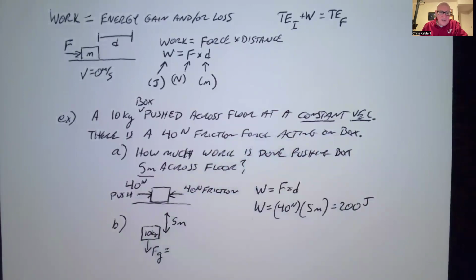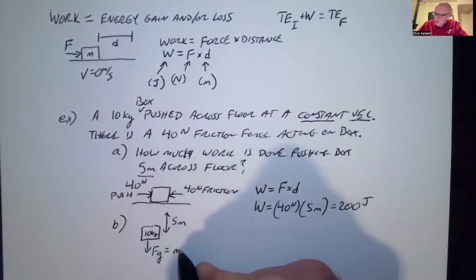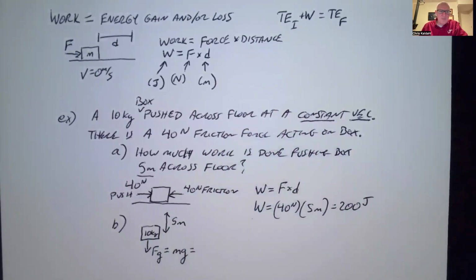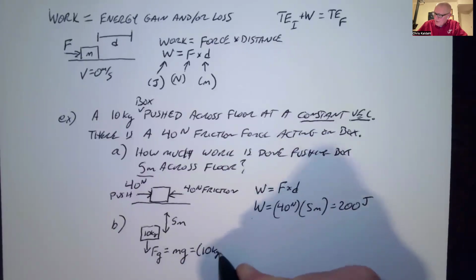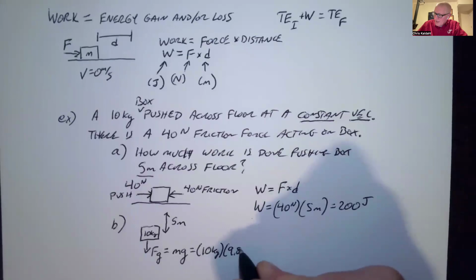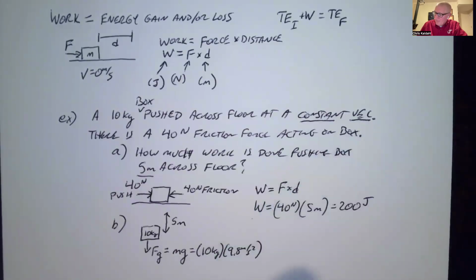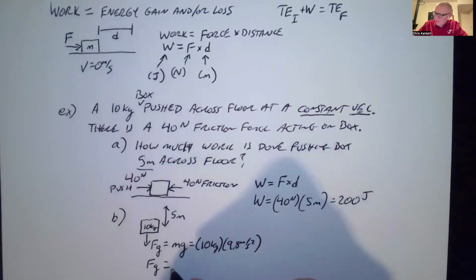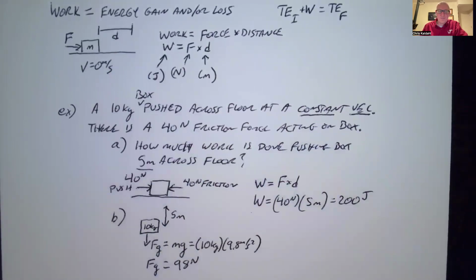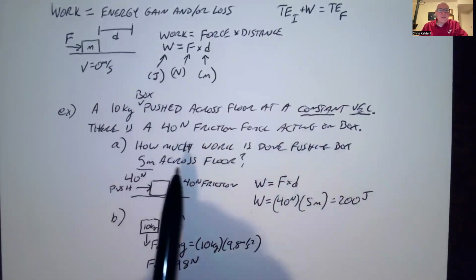And the force of gravity is always equal to the mass of the object times the acceleration of gravity, which on Earth is 9.8 meters per second squared. So I would go 10 kilograms here times 9.8 meters per second squared. So what I would have is a force of gravity that would be trying to pull this thing down at a 98 Newton force.